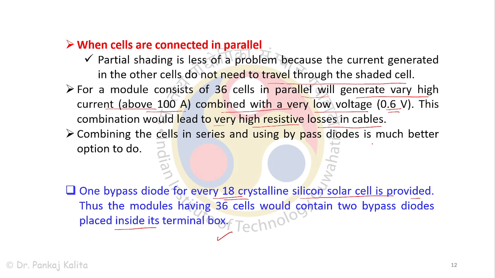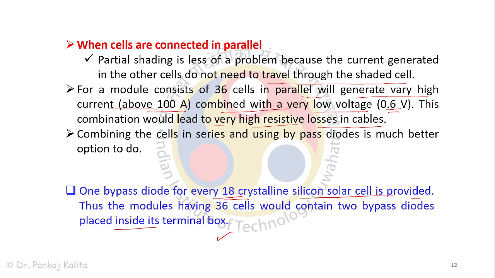But you might say that okay, we'll not connect in series, we'll only have the parallel connection. But there is also a limitation to the parallel connection, because a module consisting of, say, 36 cells in parallel will generate a very high current combined with very low voltage.